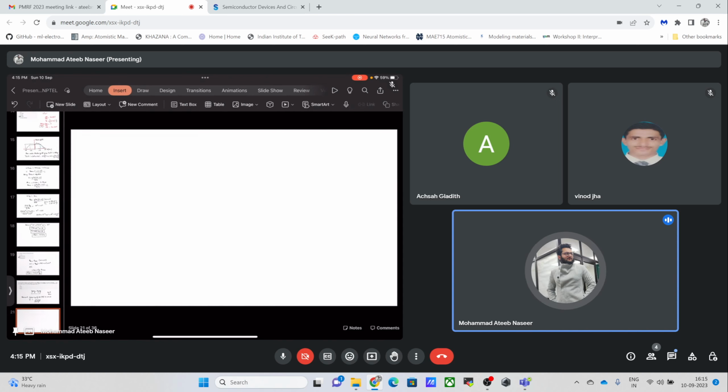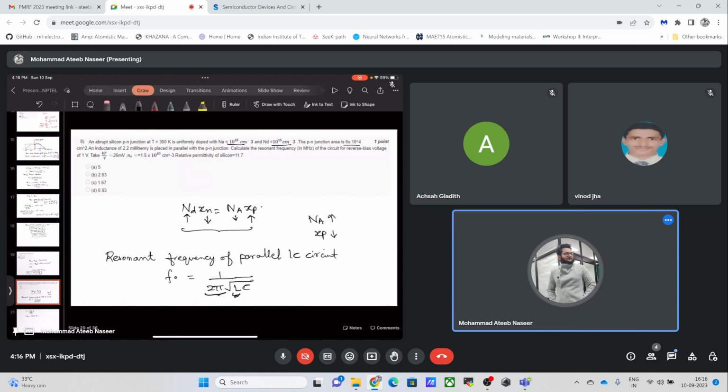The capacitance can be simply found by epsilon naught into epsilon r into area divided by the depletion width. This WD is simply given by 2 times epsilon naught into epsilon r into VBI plus VR, into 1 by Na plus 1 by Nd.